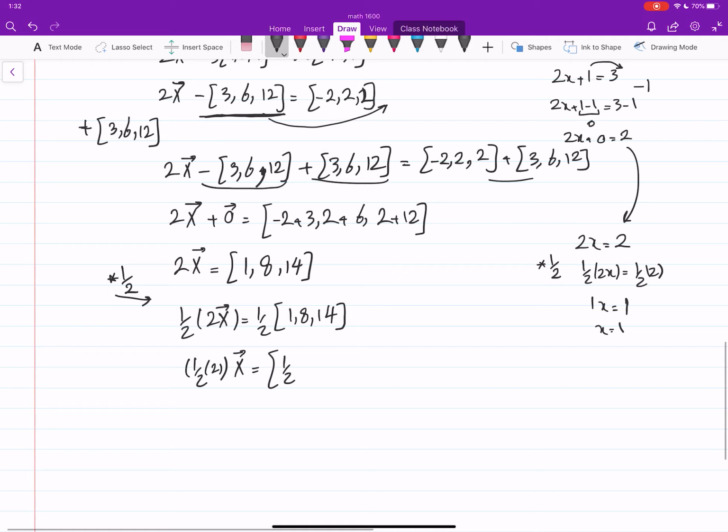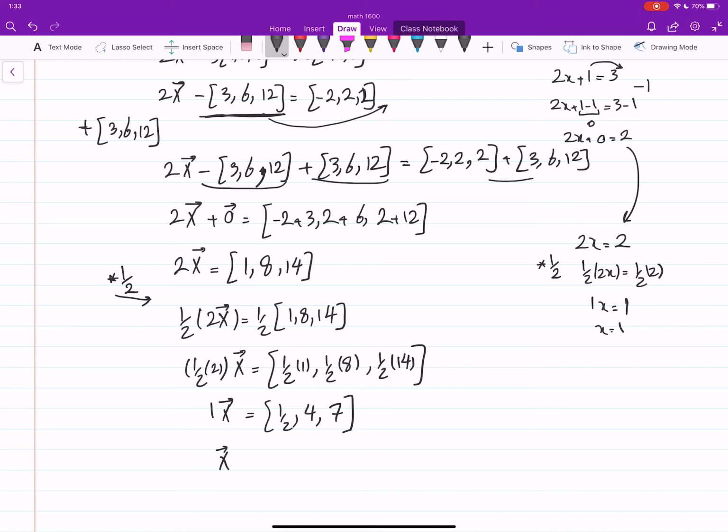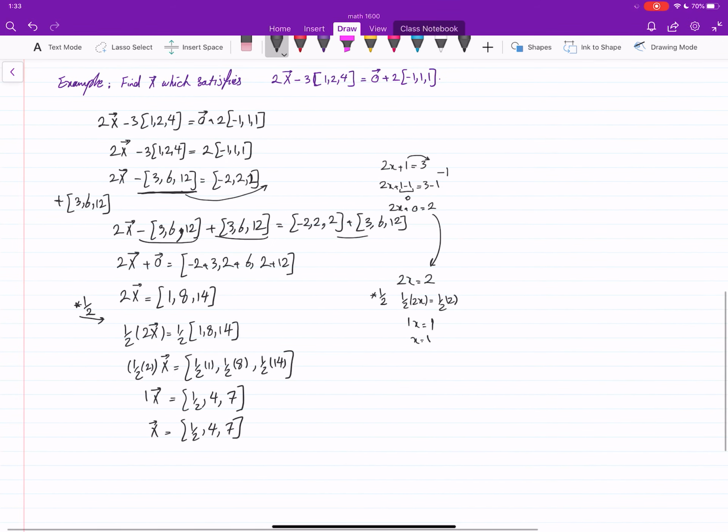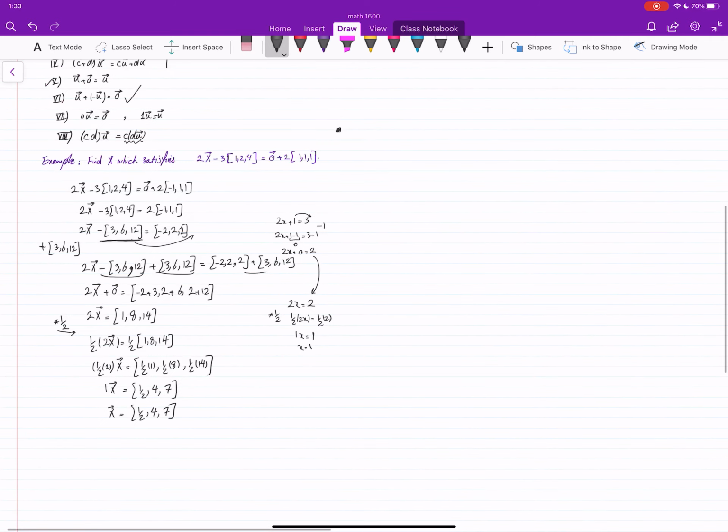And this will give us half times 1, half times 8, and half times 14. These two cancel, you get 1 times x equals (half, 4, 7). And 1 times a vector is that vector, and this is how we solve this equation for vectors just by basic properties of vectors, in this case in R3, but in general you can do exactly the same work in Rn.